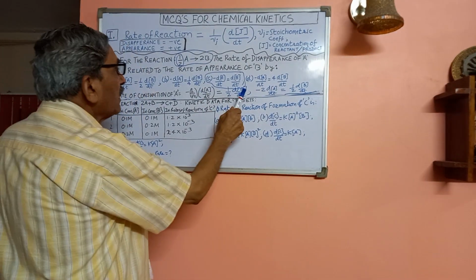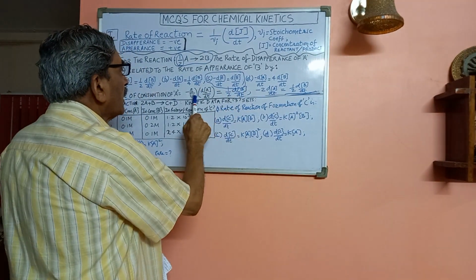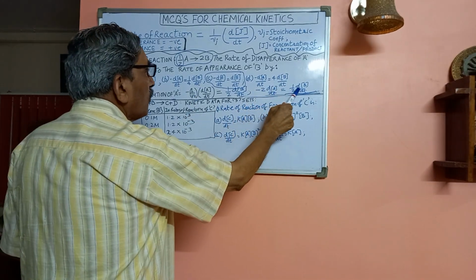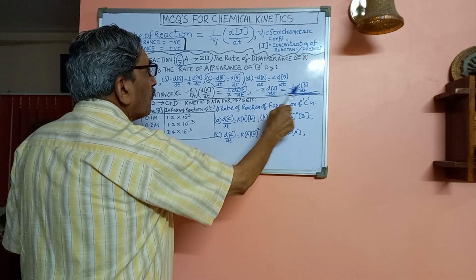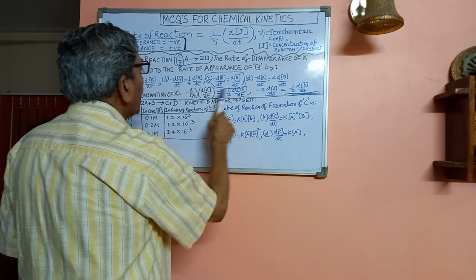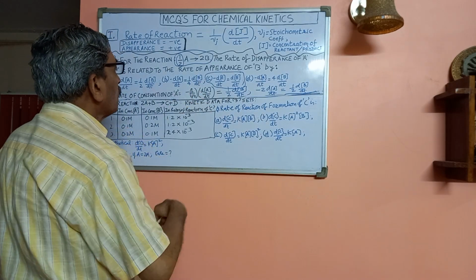Now if you simply simplify this, this will become minus 2 dA by dt, and this will become half dB by dt. And from here, dA by dt will be 1 upon 4 dB by dt, which is our choice over here.